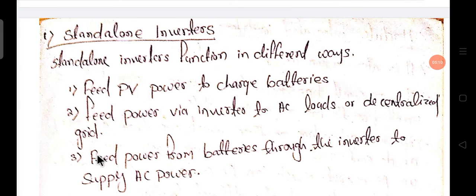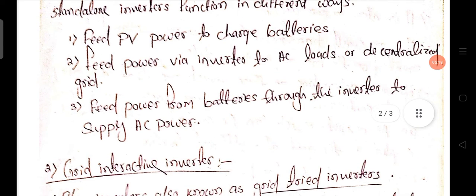Next, the third one is to feed power from the battery through the inverter to supply AC power. That means it also feeds the power stored in the battery through the inverter to supply AC power. For use in our home, it feeds the stored DC power in the battery, converted by that inverter.